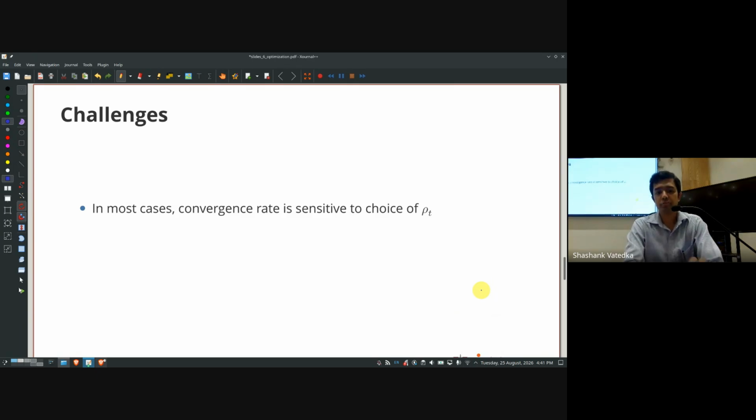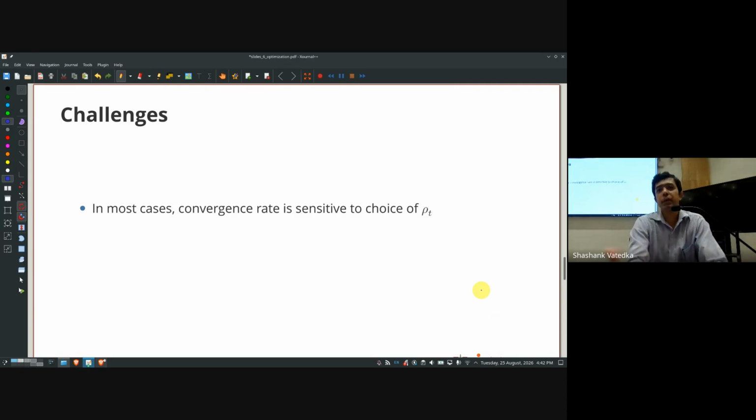But as we've seen, if you just run stochastic gradient descent, the convergence rate is sensitive to the choice of rho t. In fact, even when we did the derivations and I gave those bounds on the rate of convergence of stochastic gradient descent for different classes of objective functions, we got those bounds only by selecting the learning rate to be some specific value dependent on B and L and all of those other parameters.